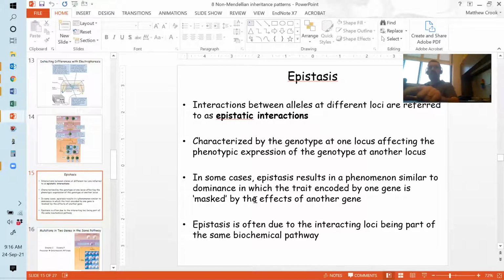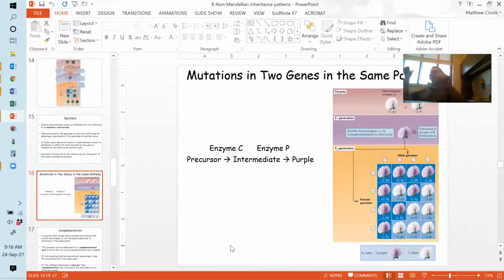So this is called epistasis or epistatic interactions. Genes interact, which you'd expect them to, they don't work in isolation, based on function. There are many different types of epistasis. This one here is an example of negative epistasis.